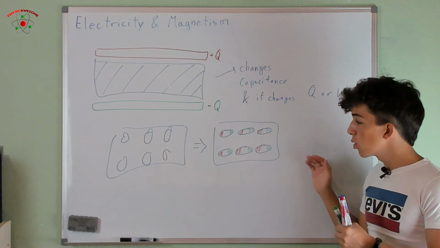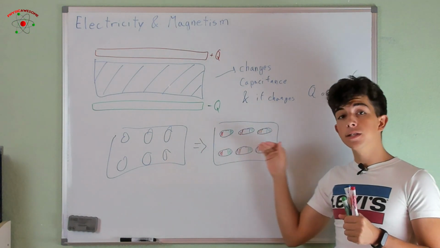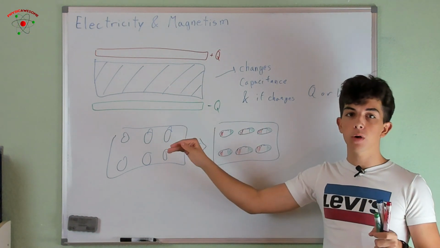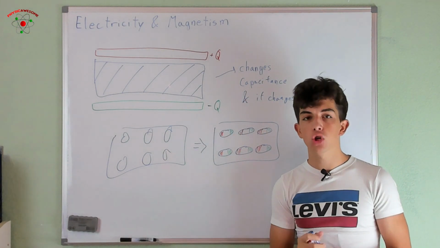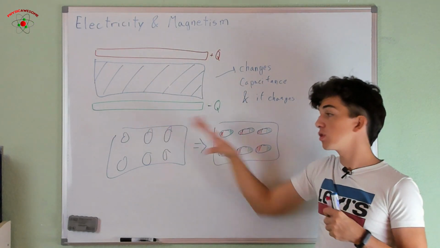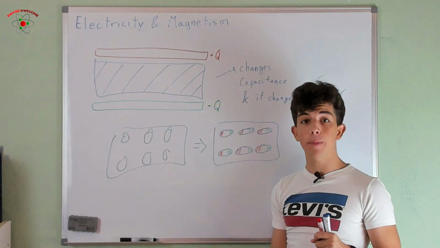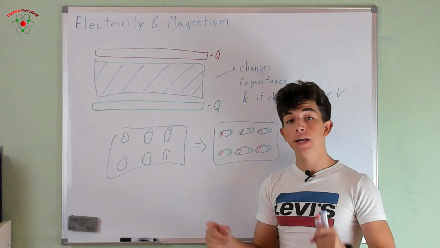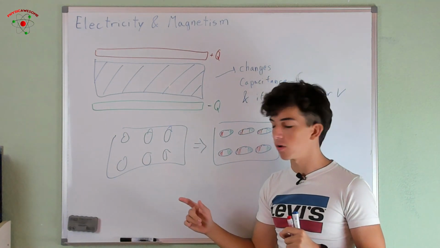And now, once again, with a much lesser effect, this is also going to interact with the electric field and make it weaker. So if we put any insulator, any dielectric, which is what these things really are, inside these two capacitors, the effect is that it's going to make this field weaker.